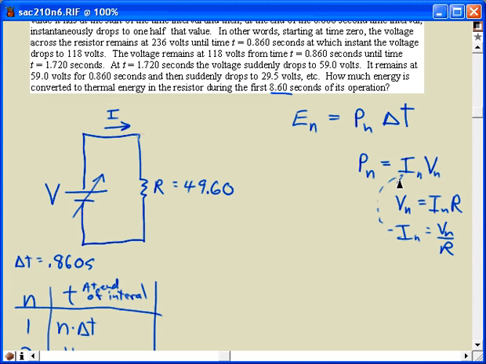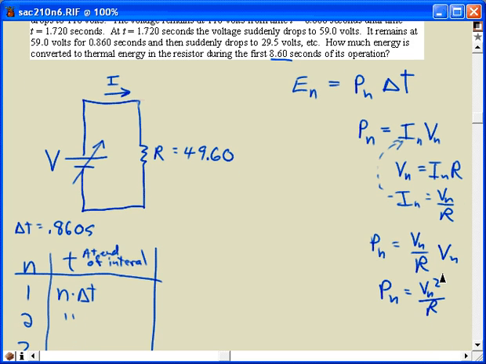And then if I substitute that in up here, I get an expression for the power that's just got the voltage in it, namely Pn is equal to Vn over R times Vn, where Pn is equal to Vn squared over R. Okay, so the energy that's converted to thermal energy during the nth time interval is the power during that nth time interval times the duration of the time interval, the 0.86 seconds.